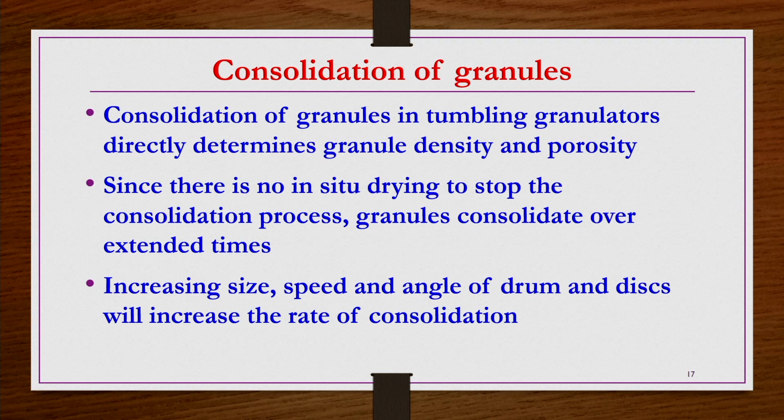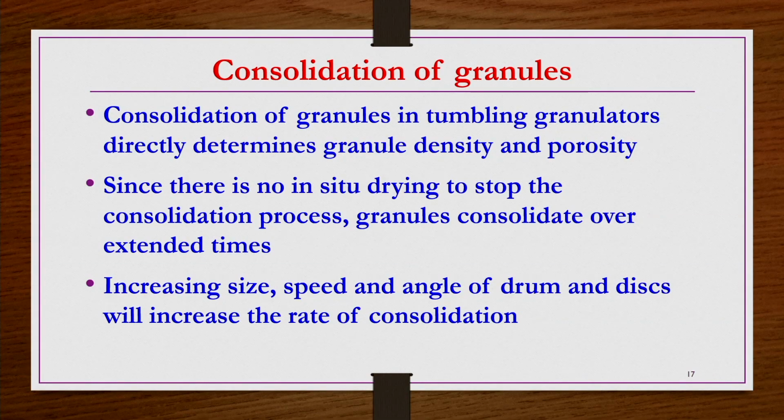Similarly for speed, if you go more than 50% of the critical speed, then again consolidation may be a severe problem. And the angle of the drum also cannot be large; it should be up to 10 degrees from the horizontal only, otherwise again consolidation will increase.